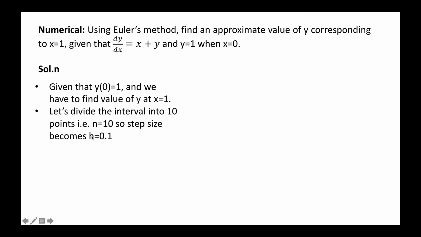So we divide this interval 0 to 1 of x into 10 small subintervals, so that the step size becomes small. We can increase it as well, but if you keep on decreasing the step size, your accuracy will be more.